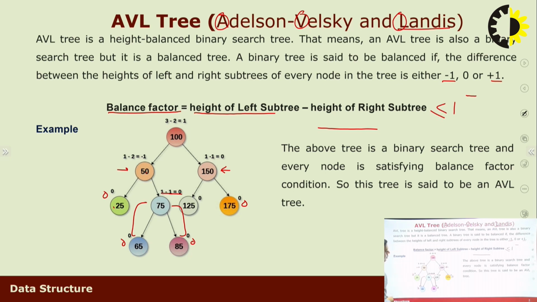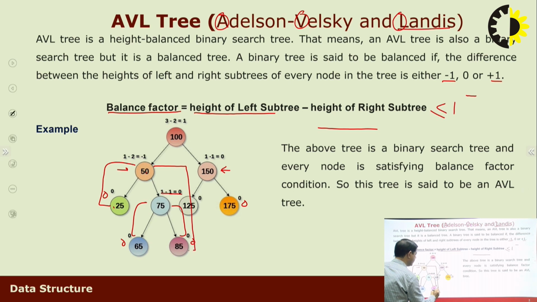If we are calculating the balancing factor at node 50, then at node 50, this is the left subtree and this is the right subtree. It means from that node to the deepest leaf node. That height is 1, this height is 2, 1 minus 2 is minus 1. In the same way, if we are calculating at 150, the height of the left subtree is 1, right subtree is 1, 1 minus 1 is 0.